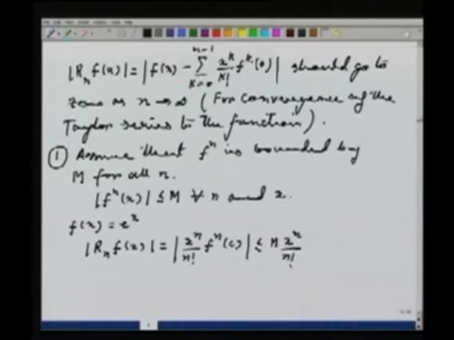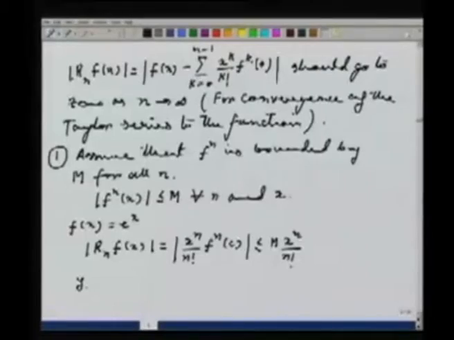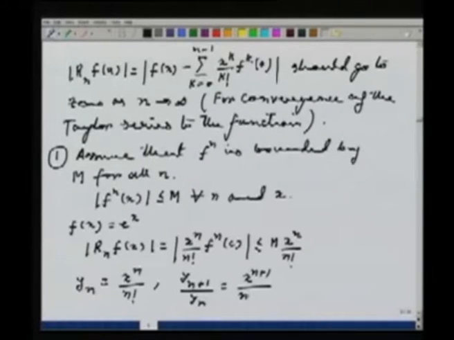Now I will just guarantee that x to the power n by factorial n converges to 0 as n goes to infinity. Well, for that what we do is I define y_n equals x to the power n by factorial n, and then I note that y_(n+1) divided by y_n turns out to be x to the power n plus 1 by (n plus 1) factorial into factorial n divided by x to the power n, which is x by n plus 1, but my x is fixed, so it converges to 0.